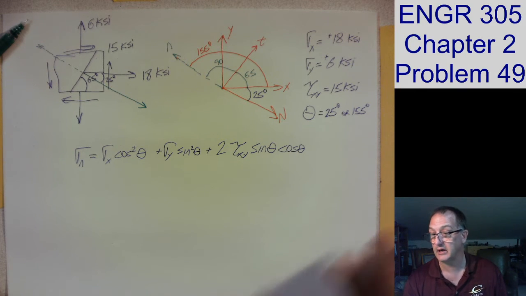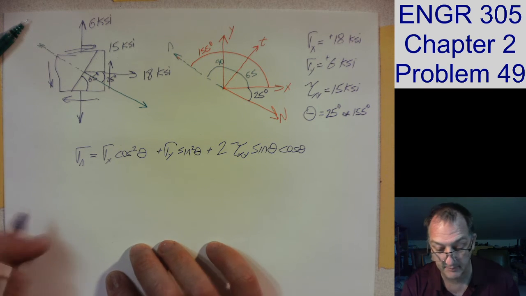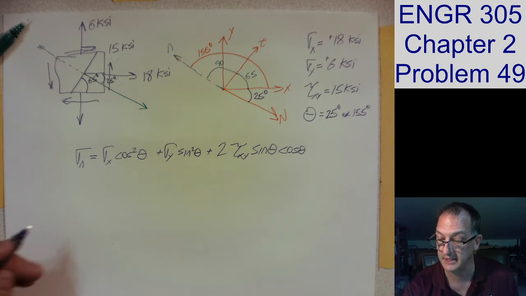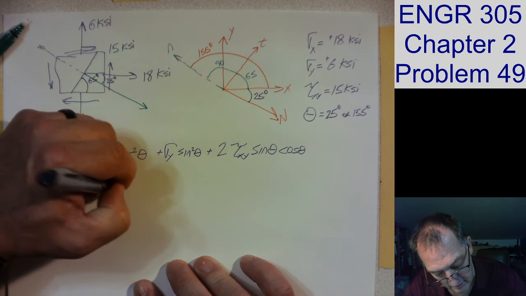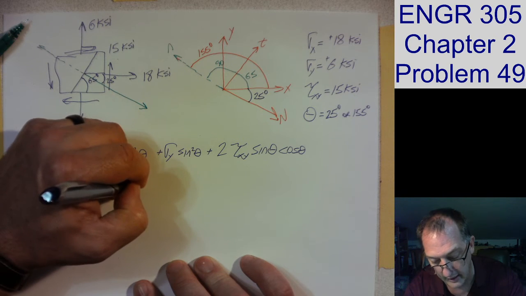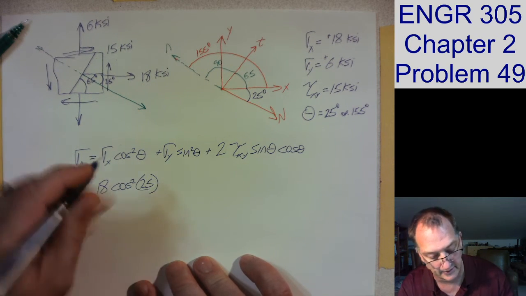I can go ahead and calculate that. I can start substituting in, right? And sigma x is 18. So it's 18 cosine squared. I'm going with the 25 degrees just because it's less buttons to push in on my calculator.